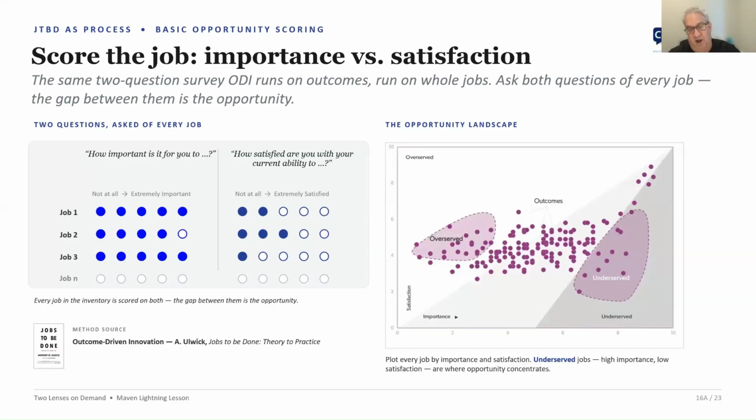So you're using these parallel analysis to begin to quadrant and identify what we would call overserved jobs, where the solution does more than they even need, or underserved jobs, where there's opportunity to improve that aspect of the product to better serve them. So hopefully if you didn't get the visual, like that general line of thought resonates.